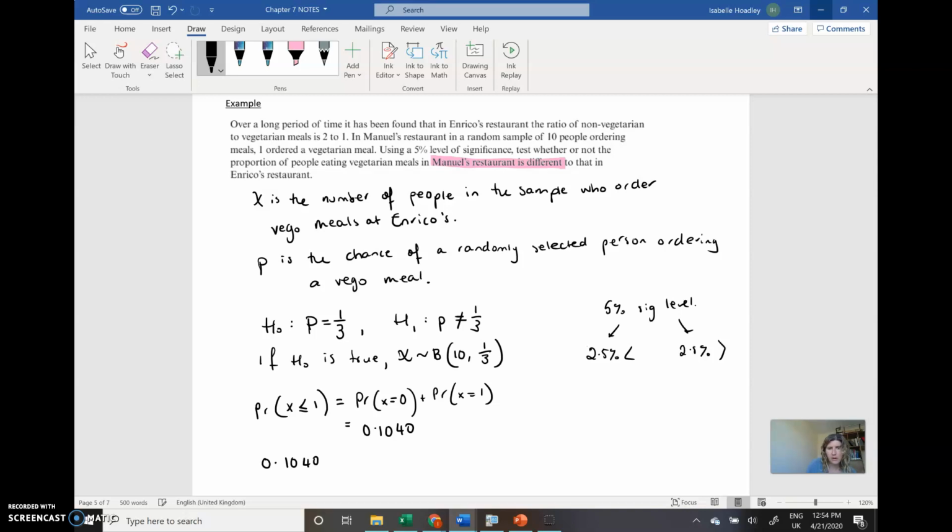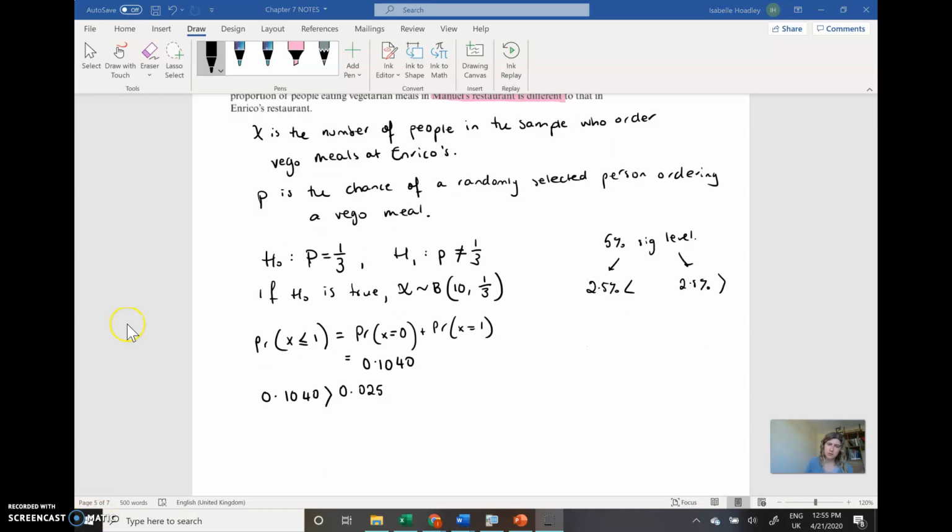Now, 0.1040 is greater than 0.025, 2.5%. So 0.1040 is greater than 0.025. So that means that if we were to reject the null hypothesis, we would have a 10% chance of being wrong.